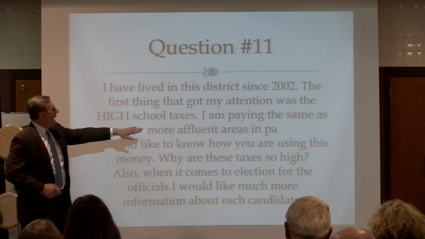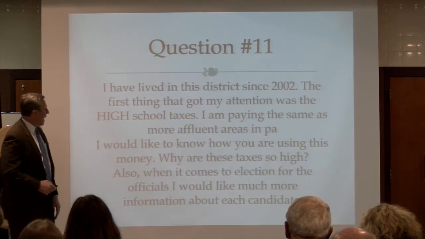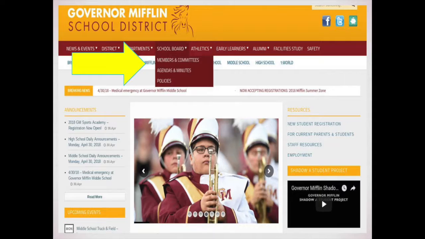But let's take a look at comparing taxes across the district. First off, how do you access information that we make available to our public? If you go to our district website, governormifflinsd.org, along the top, one of the headers is called School Board.